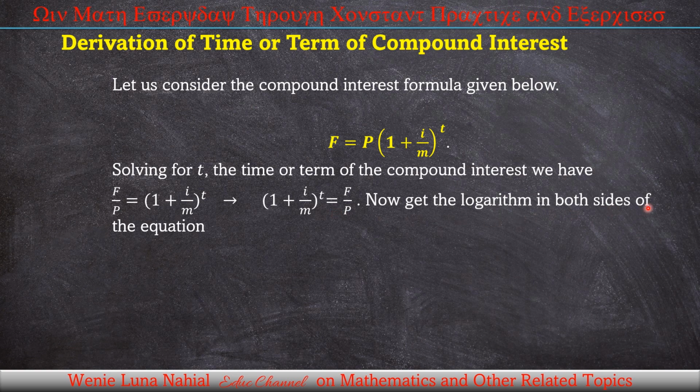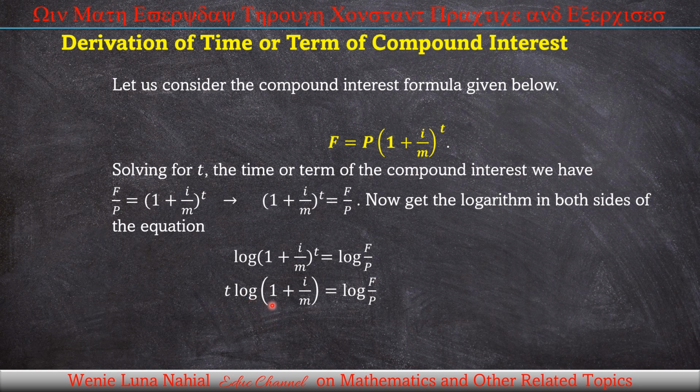Now get the logarithm of both sides of the equation. So we will have the logarithm of this quantity raised to t, and at the right side you have the logarithm of F over P. Then applying one of the properties of logarithm, that if you are going to get the logarithm of a power, that will become the power times the logarithm of this quantity. So t is the power, but it's going to be a factor.